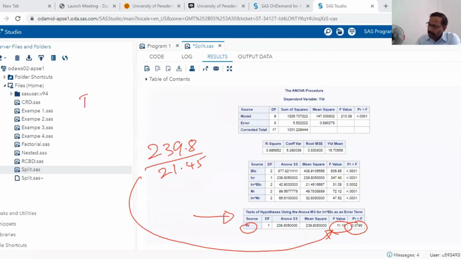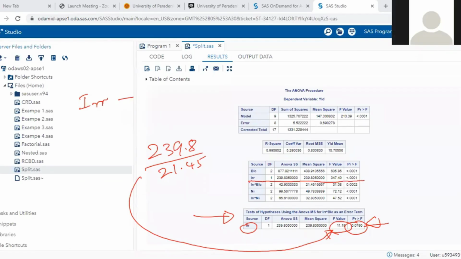So here, is irrigation significant? Anyone? Look at earlier. Earlier it was divided by the normal error, error B, so it showed significant.